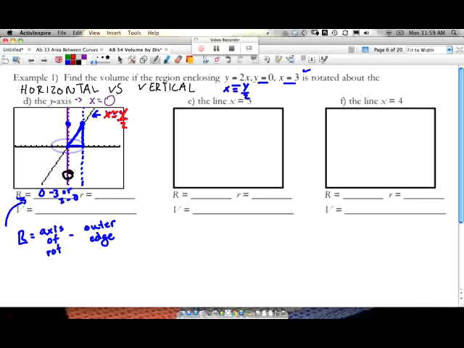So now we got this hole on the inside, because see, if this is my axis of rotation, I'm not attached. I have a hole, which means I got to subtract the inside pieces, which are all these lines. Okay, so how do I find little r then? Again, that's the axis of rotation minus the inside edge.